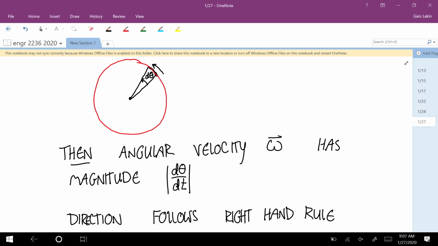Even though this is just a tiny infinitesimal sliver of this circular path, to figure out the direction, just imagine the full circular path and make your fingers curl in the direction of that circular path, then your thumb gives the direction of the angular velocity. So the direction of the angular velocity vector is always normal to the circular path at that instant. So if your fingers do this, the direction is out of the board.